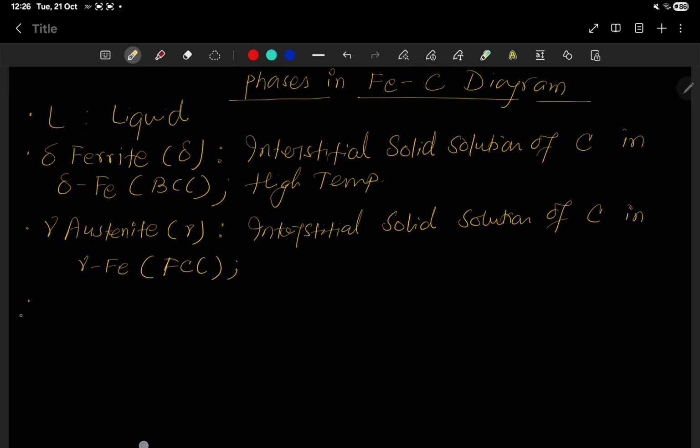Next is alpha ferrite, denoted by alpha.